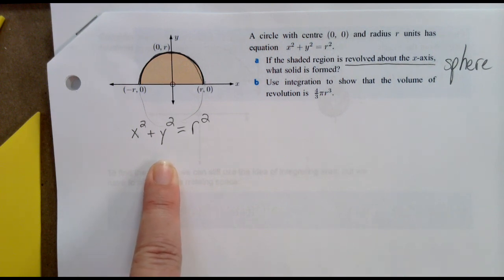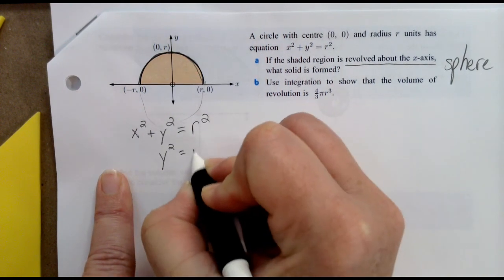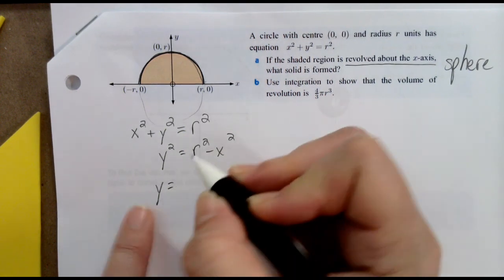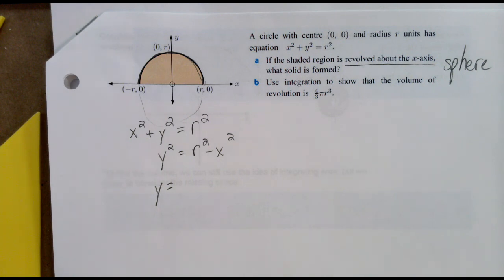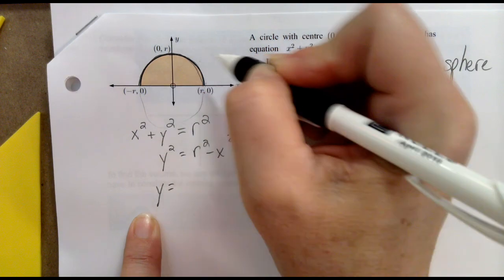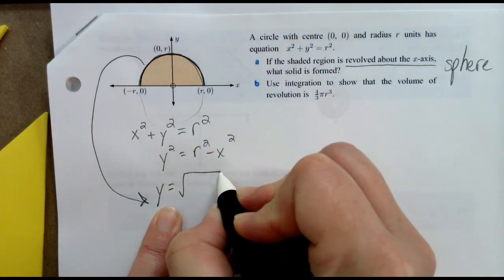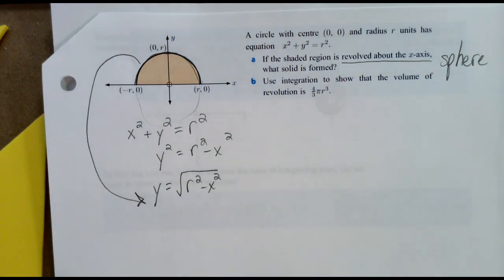So y squared would equal r squared minus x squared. So y equals the plus or minus root of r squared minus x squared. The plus is the top, and the minus would be the bottom. So actually this equation right here would be just the square root of r squared minus x squared. Not negative, because that would be our bottom one.